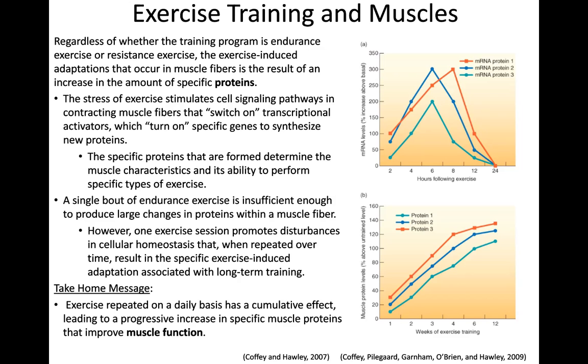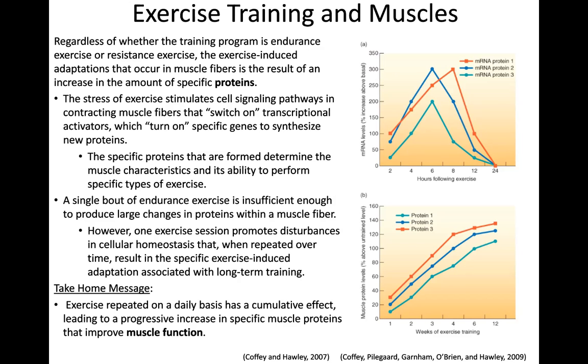No matter what, regardless of whether the training program is endurance based or resistance based, so whether you're lifting weights, going on long runs, or doing interval training, no matter what the training regimen is, when your body responds, it does so by producing a specific amount of proteins within the muscle fibers that will allow for increased performance, okay?